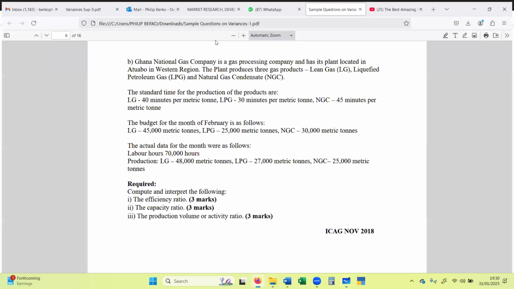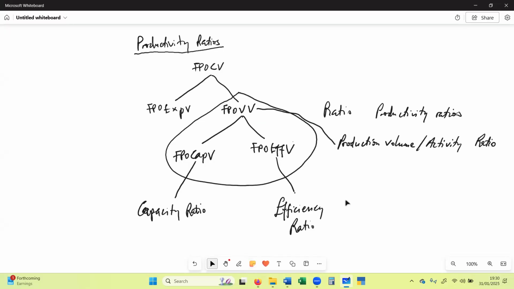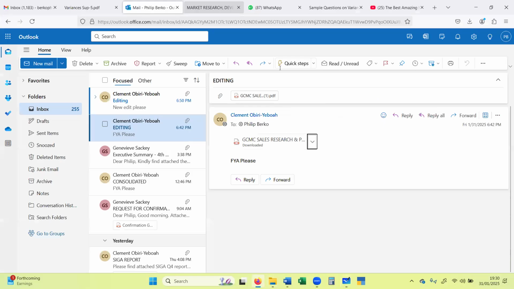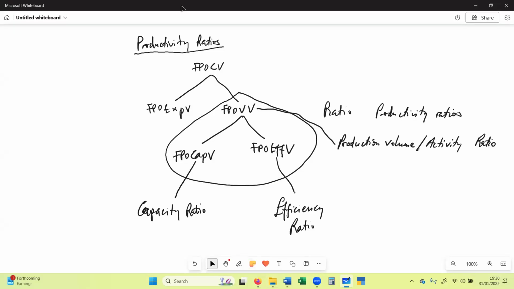So the volume one is known as production volume ratio or activity ratio, then the capacity ratio, then the efficiency ratio. You can equally call this the volume ratio.